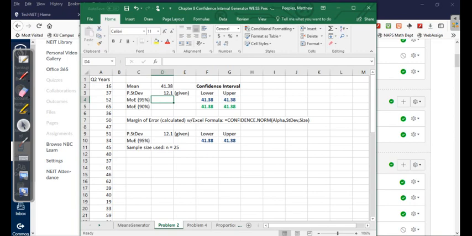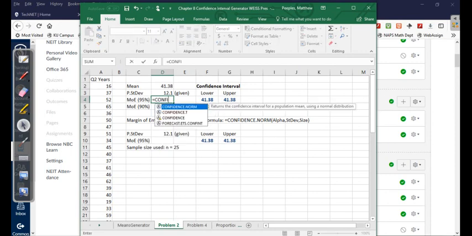That same calculation that we showed before is applicable here, except that in Excel, we can use a command called confidence.norm, N-O-R-M. Okay, so when we enter that, what do we want? We want our alpha level.